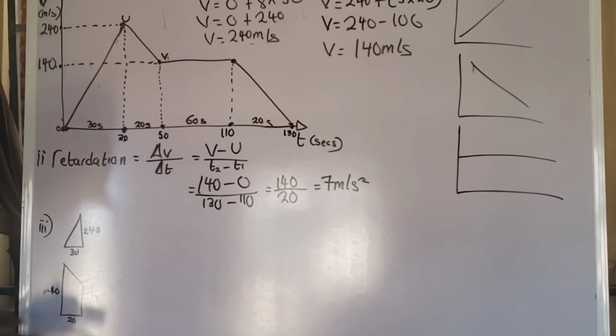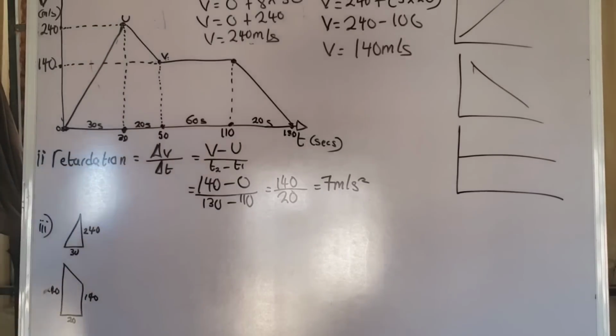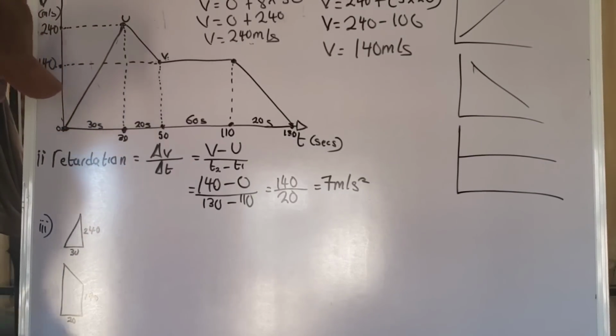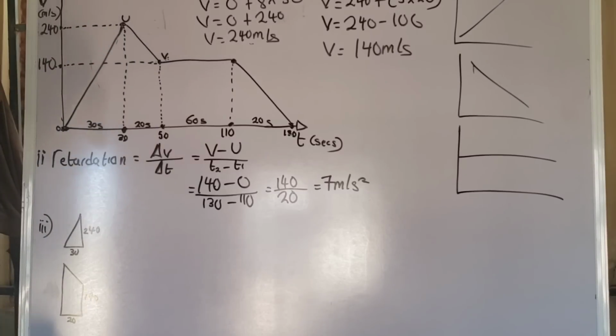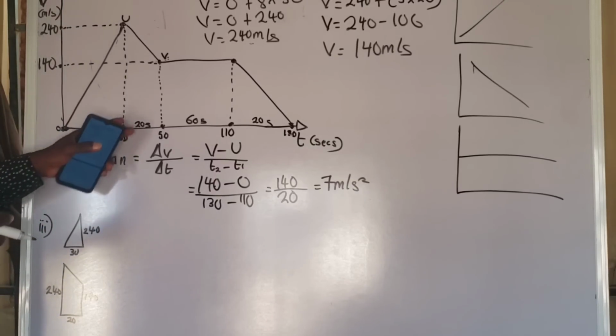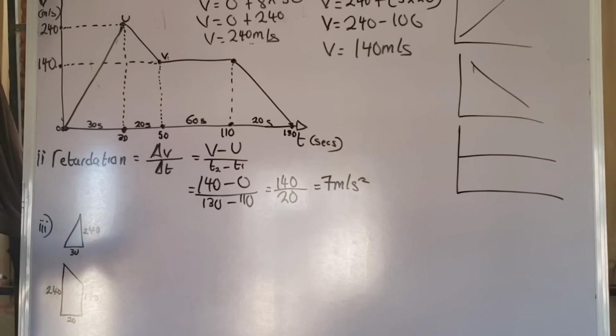I just bring out the shape so that you can know how to calculate it. From this point to this point is 240. So within the first 50 seconds we have two shapes. The first shape is a triangle, and the second shape is a trapezium.